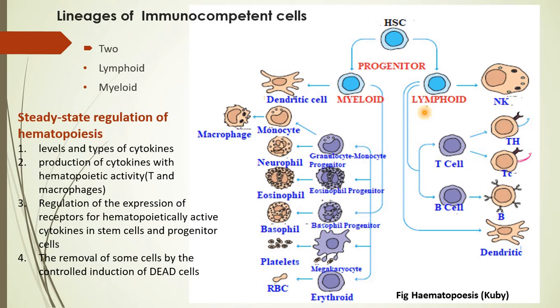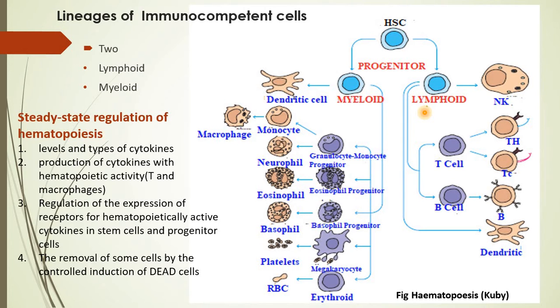Now this myeloid and lymphoid type of tissue developed in the stromal tissue is under the influence of erythropoietin or the cytokines, which are commonly called growth factors or growth regulators.